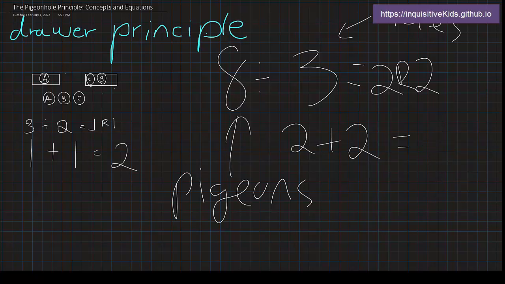Well, another way we could do this is to just add 1. There's always at least one drawer with at least 3 pigeons in there. You can go and try out the experiment. So why 1? What went wrong there?